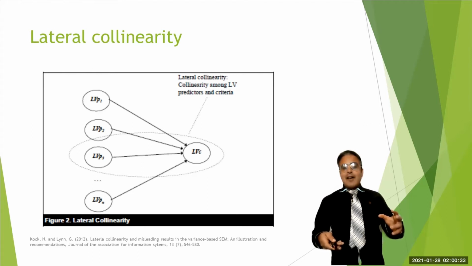If we take, for instance, this as hotel satisfaction as the main construct, and this one is the room satisfaction or the service quality, we check between this and this. We check the indicators of this and the indicators of this and see if they are laterally collinear. This is for lateral collinearity.